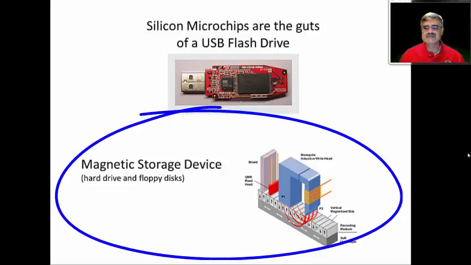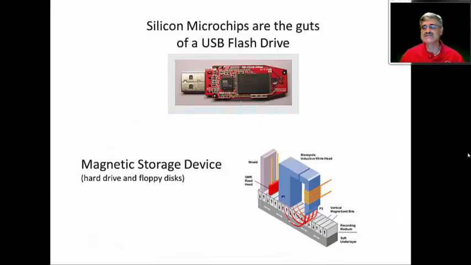In the bottom of the slide, I show the basic way in which magnetic storage works, and this applies to hard drives and floppy drives. If you remember the first slide of this lesson, we talked about magnetic properties.